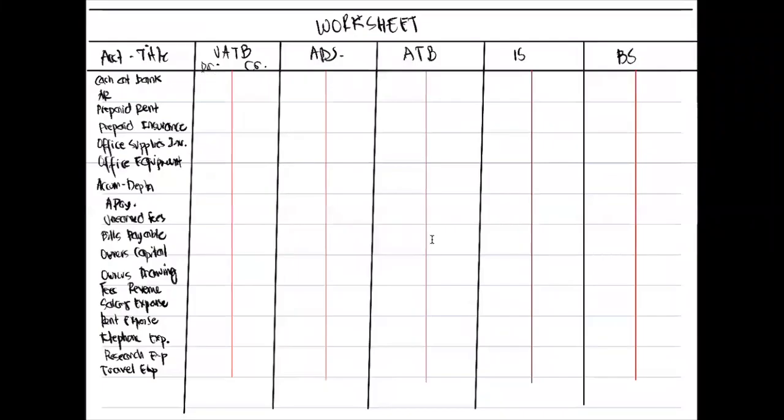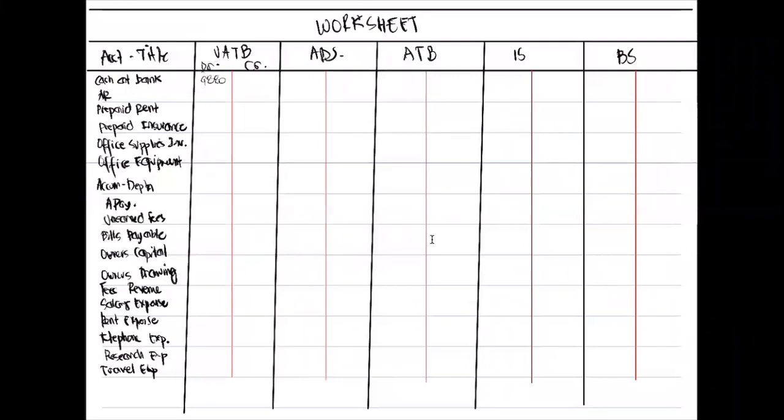So, we have here debit and credit. Okay. So, let's place down the amounts. So, cash at bank, 9,880. Ilalagay lang natin yung amounts niya.